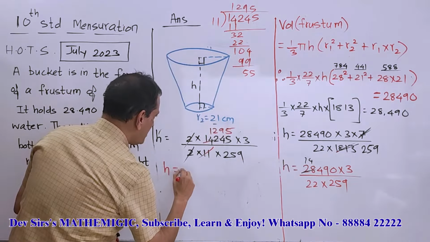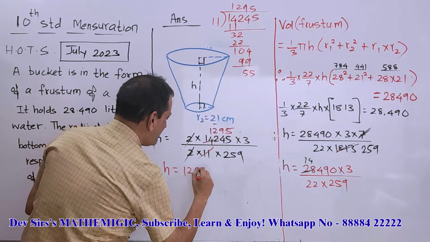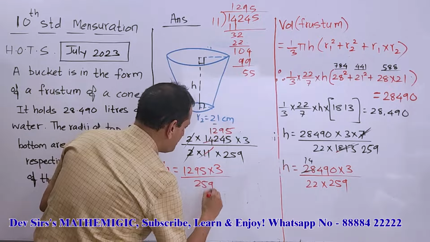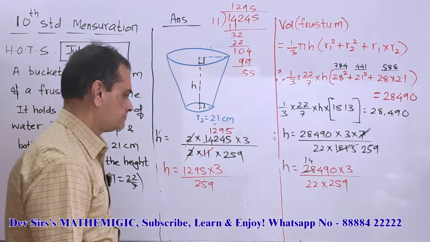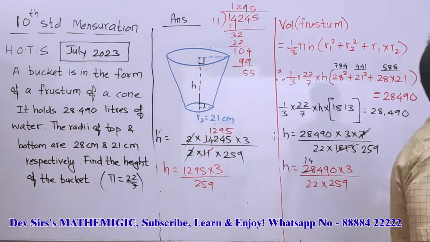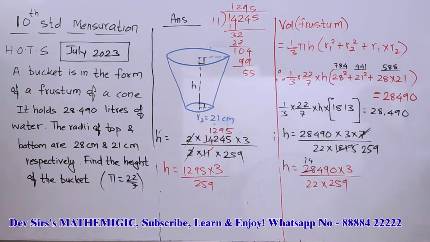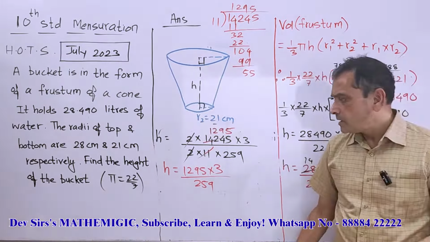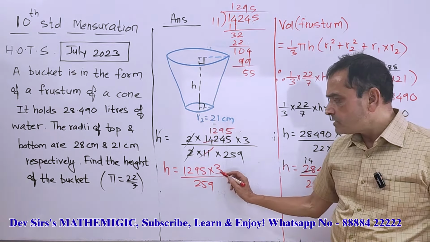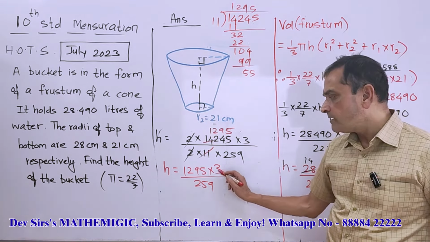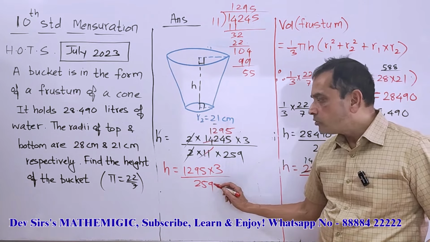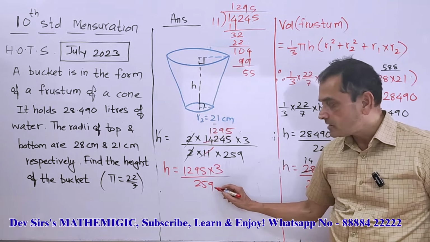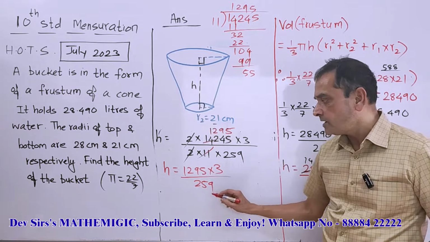So H equal to 1295 into 3 upon 259. Last step. See, we just saw that this cannot be divided by 3. So why don't you try directly this and this? 9 5s are 45, यहाँ पे 5 चाहिए.